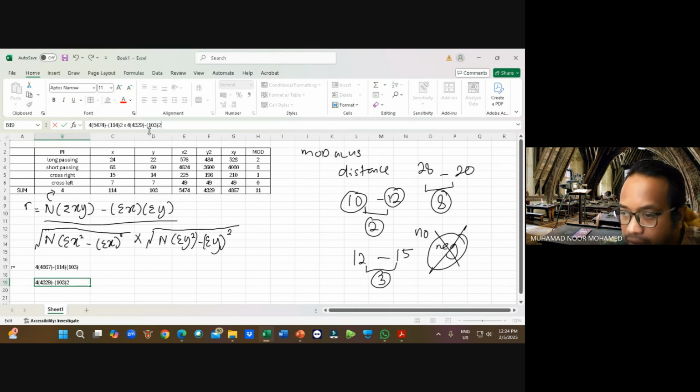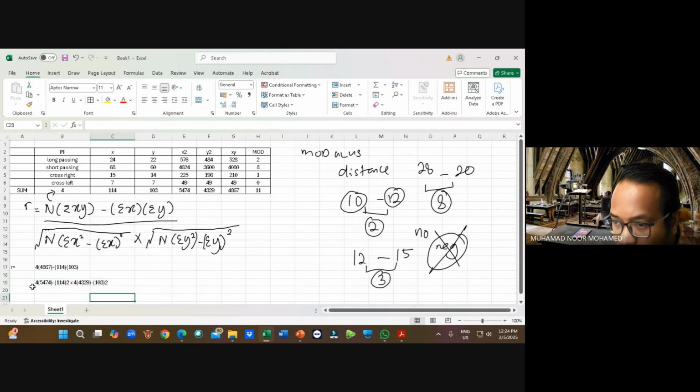So that will be the basis of our equation.